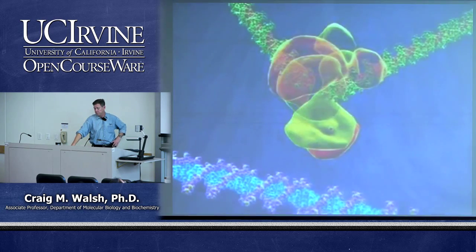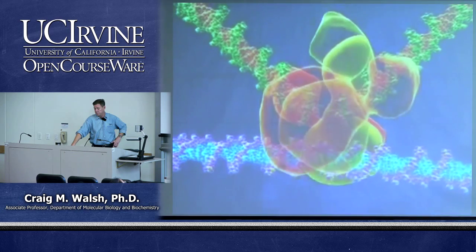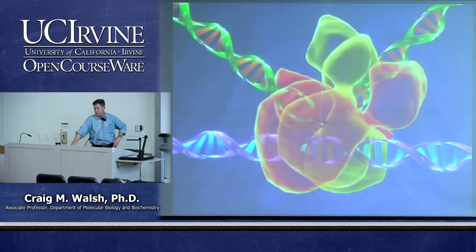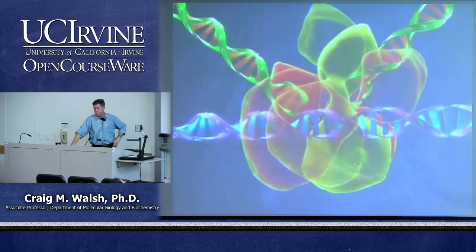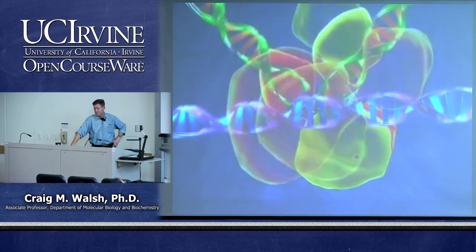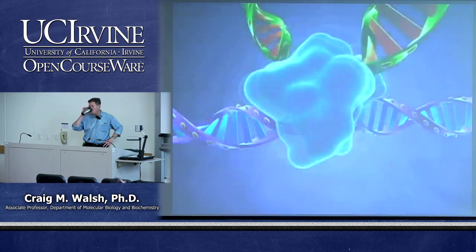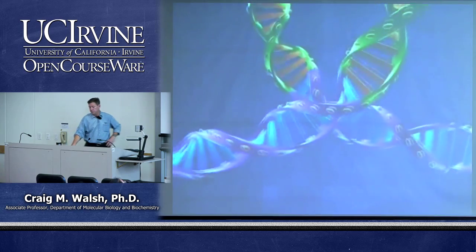Latching on, the integrase positions the 3' hydroxyl groups over host DNA phosphorus atoms 5 base pairs apart. And splices in. Integration is completed by host repair mechanisms that fill the gaps with complementary base pairs.